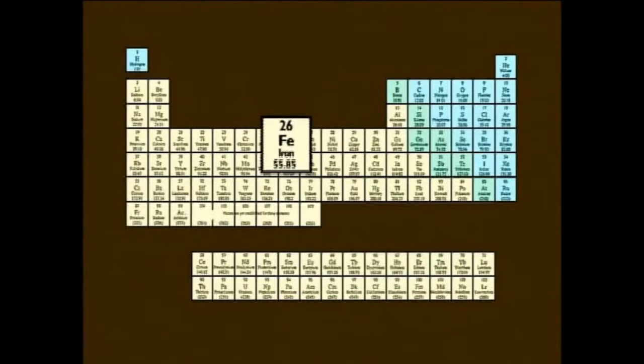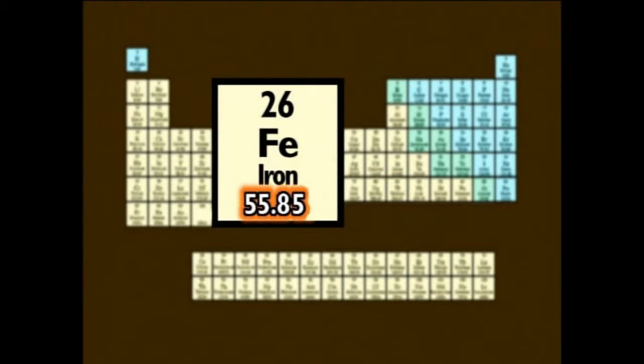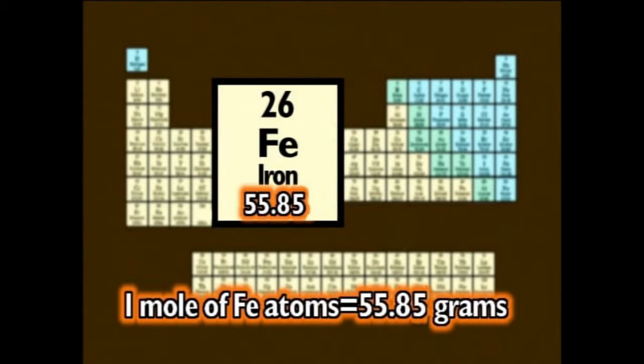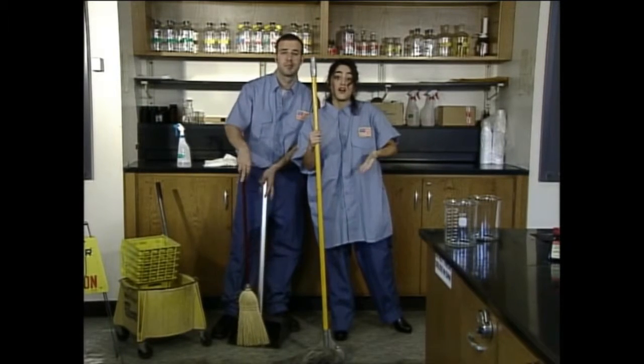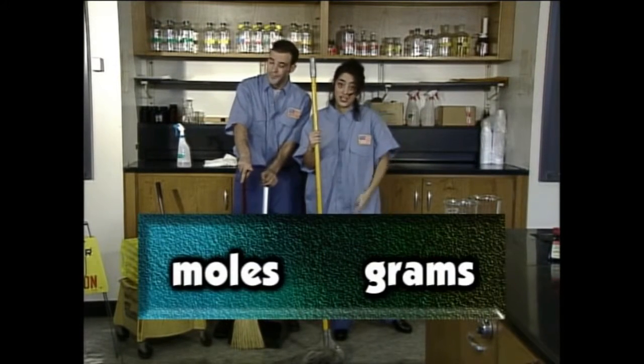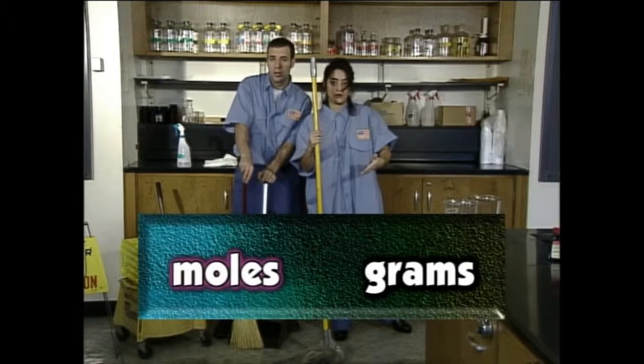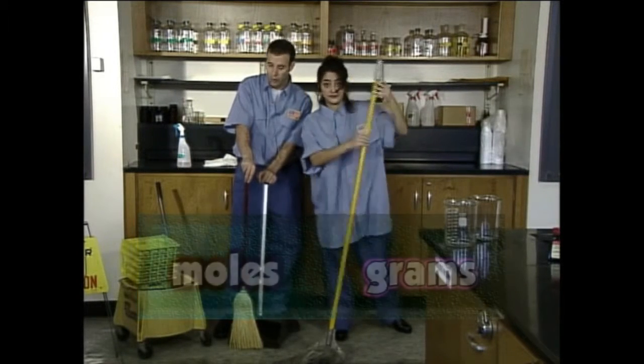You look up iron, Fe, and see its atomic mass is 55.847 AMUs, you know that 1 mole of iron atoms weighs 55.85 grams. It's that easy, which is a good thing, because you will have to use this conversion constantly as you convert back and forth between moles and grams.